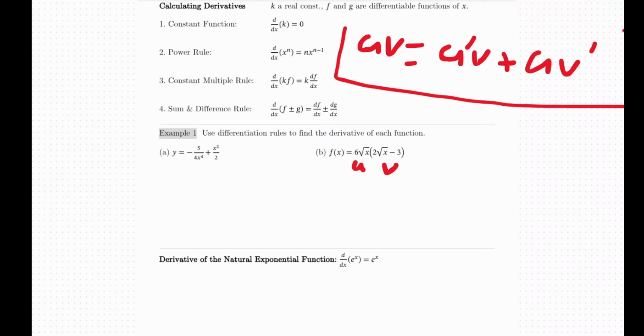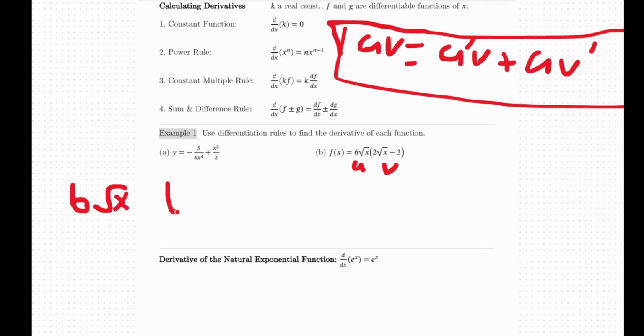We're going to box this in just so that we can always keep that in mind for this problem and future product rule problems. So essentially, we're going to find the derivative of u first, just so that we can start off the product rule. So we're given 6 radical x, and all you're going to want to do here is take that x, and anytime you see a square root, all that's going to be is raising it to the 1/2 power.